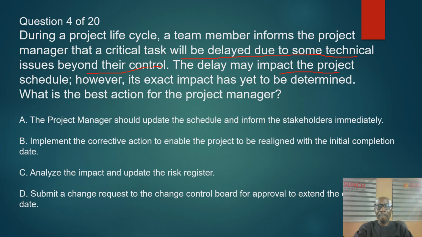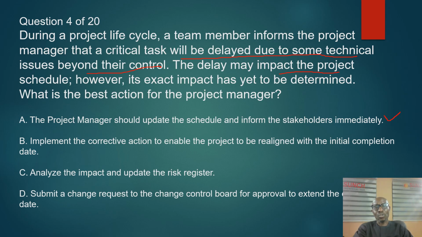However, its exact impact has yet to be determined. What is the best action for the project manager? A. The project manager should update the schedule and inform the stakeholders immediately. Is that the first thing for the project manager to do? Let's look at other options. The project manager can do this, but is that the best?